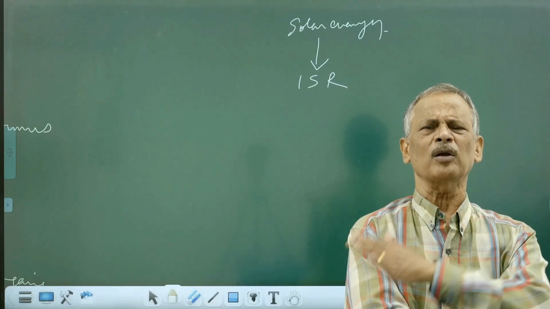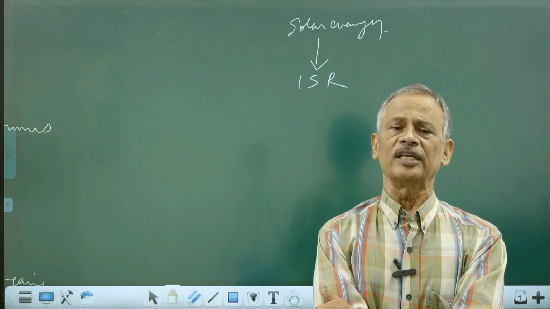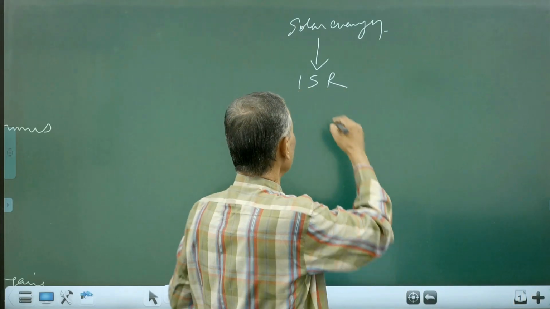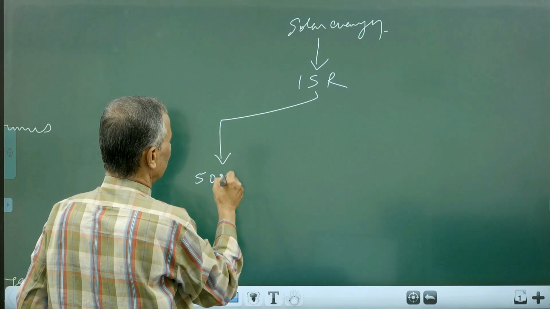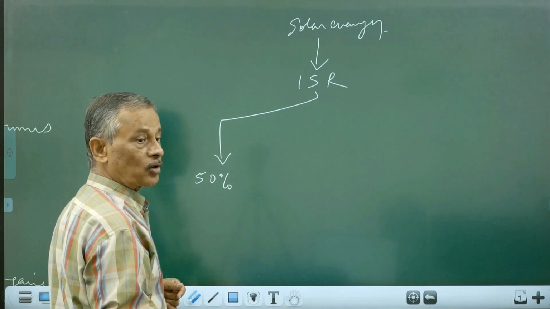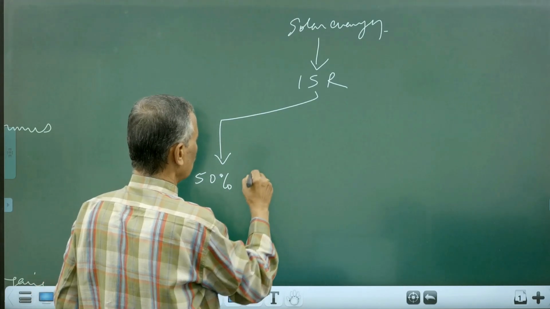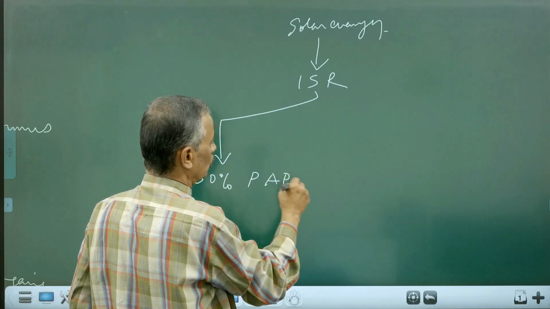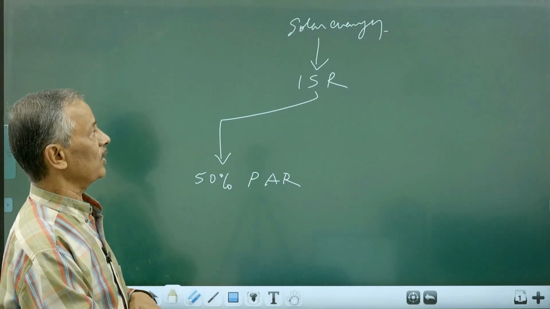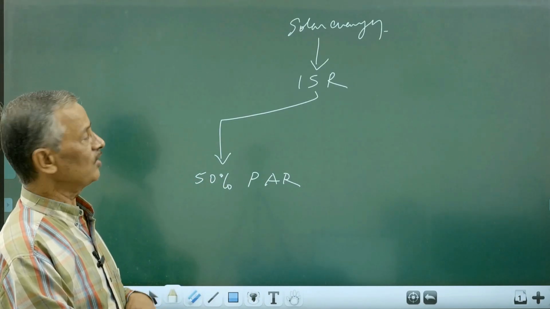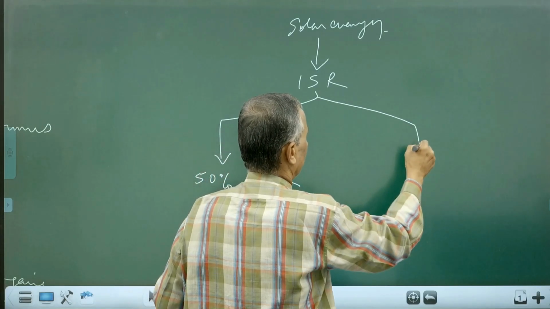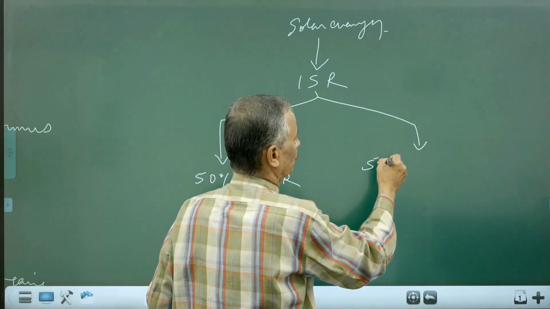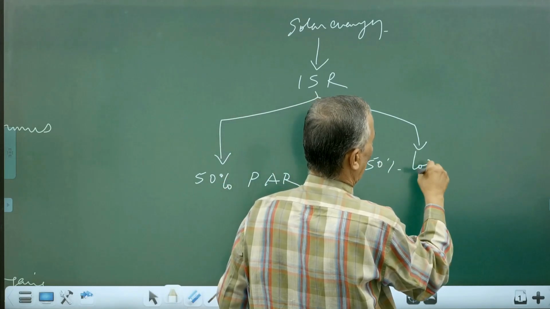Only a small part of the energy of the sun reaches the Earth's surface. And of that, only 50% is available for plants, which is called photosynthetically active radiation. 50% of the incident solar radiation is photosynthetically active. What happened to the remaining 50%? That is lost.